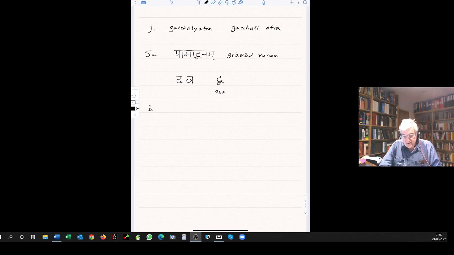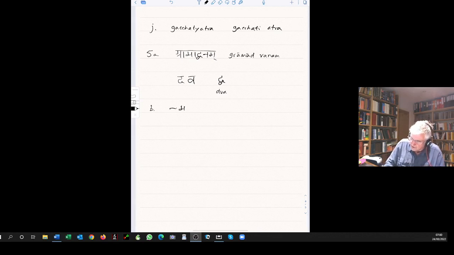Amritam jnanasya phalam bhavati. And the only sandhi to be done in this is the final M, which has been written in the Devanagari here as a full consonantal M, which just becomes the anusvara. So amritam.